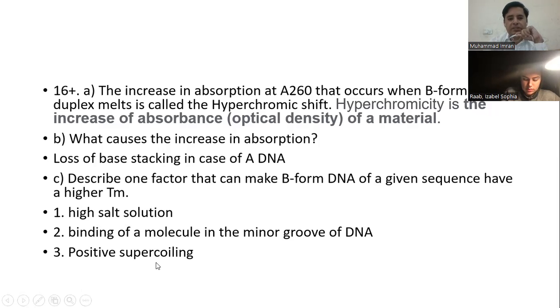And during positive supercoiling, we have a high melting temperature. So we have three causes for that: high salt solution, binding of a molecule in the minor groove of DNA, and positive supercoiling.